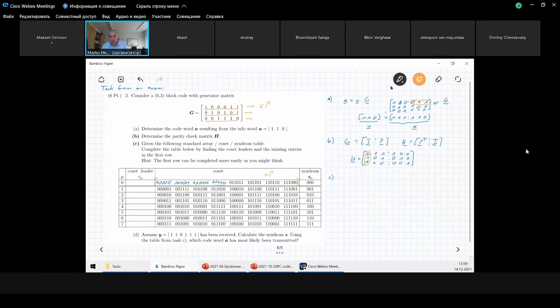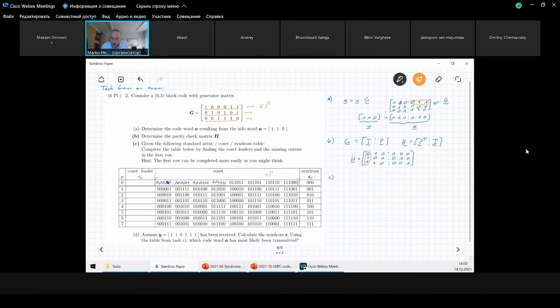So this was what my hint was meant for. You need to find the missing members of gamma here to complete this coset, and you can easily get these missing members, as you should know that all the rows of G are valid code words. If you look at the ones, you see that these are the ones which are missing down here. And also the all zero code word is a member of the valid set of code words.